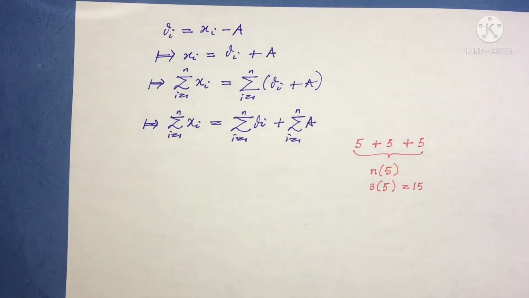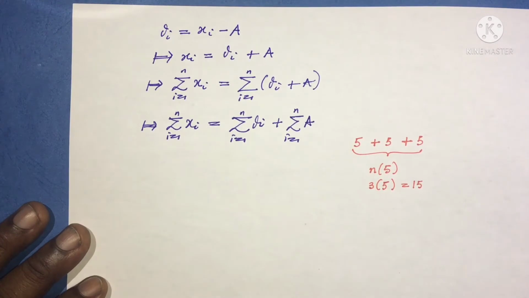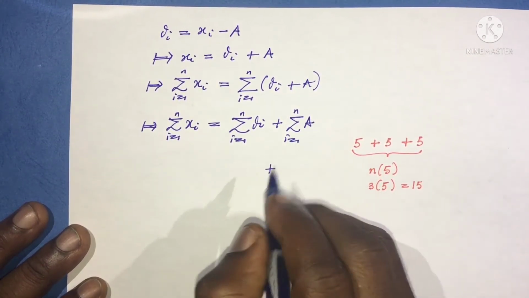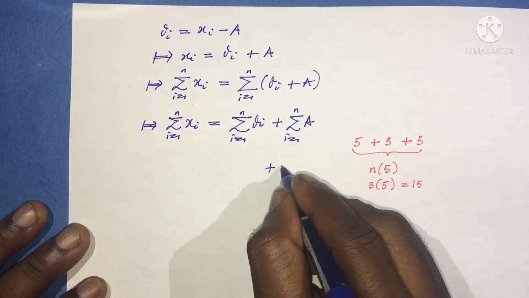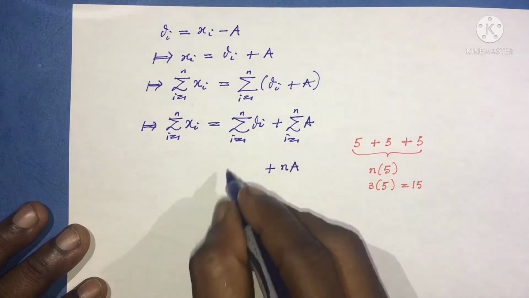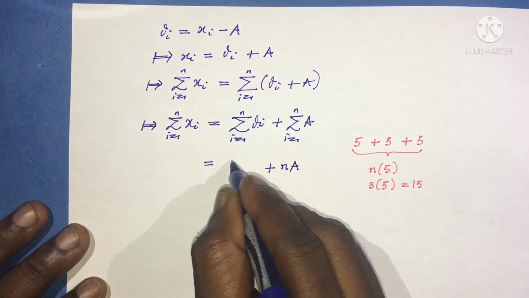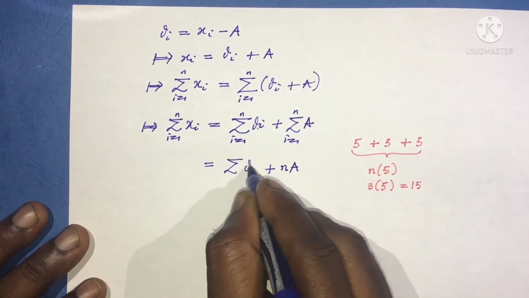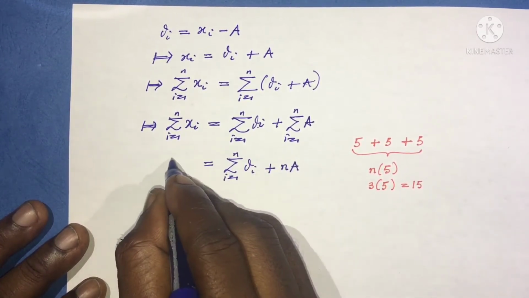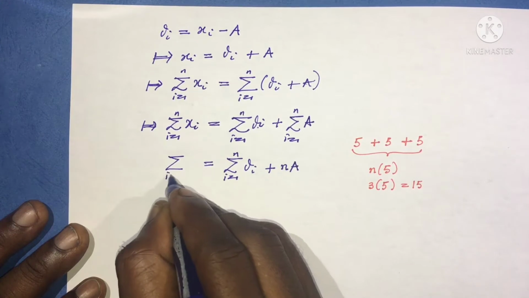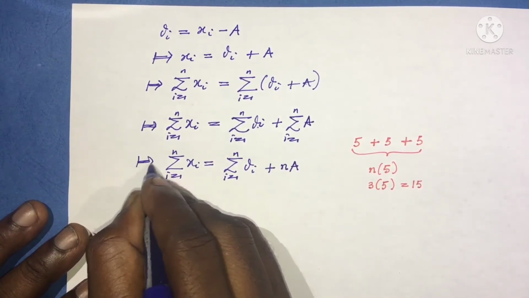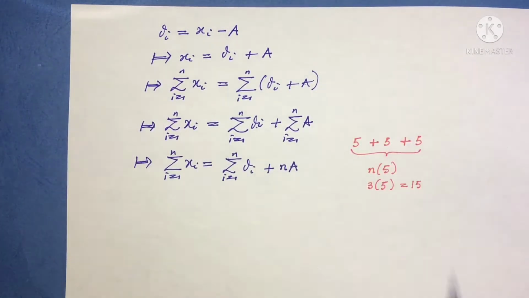I'm going to bring that idea over here. So if you sum a, which is a constant, n times, the result will be n times a. But di is not a constant, so it remains the summation of all di's from i equals 1 to n. And this remains the summation of all xi's from i equals 1 to n. So this equation implies this.